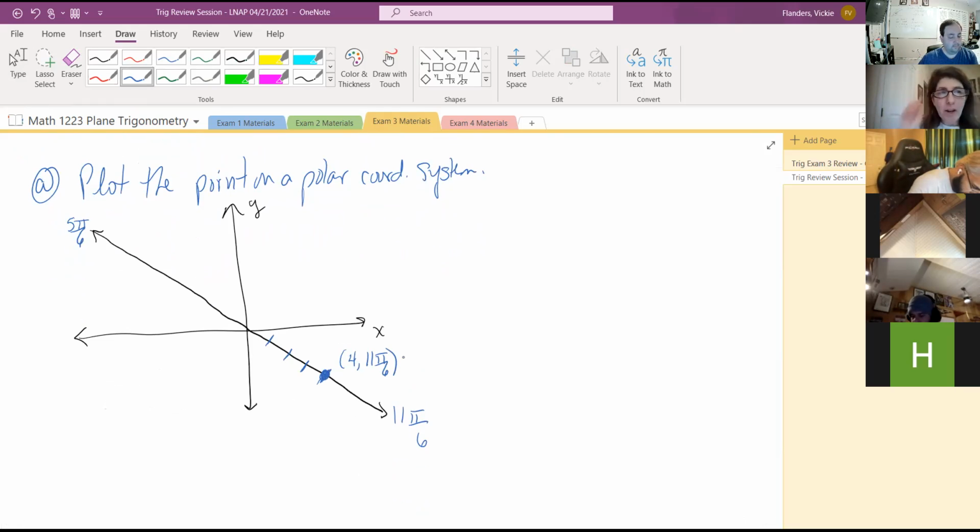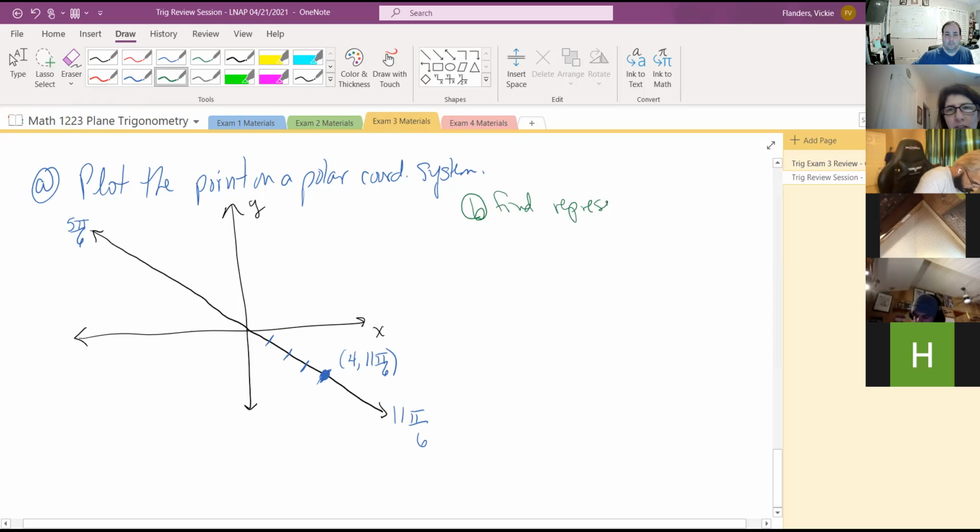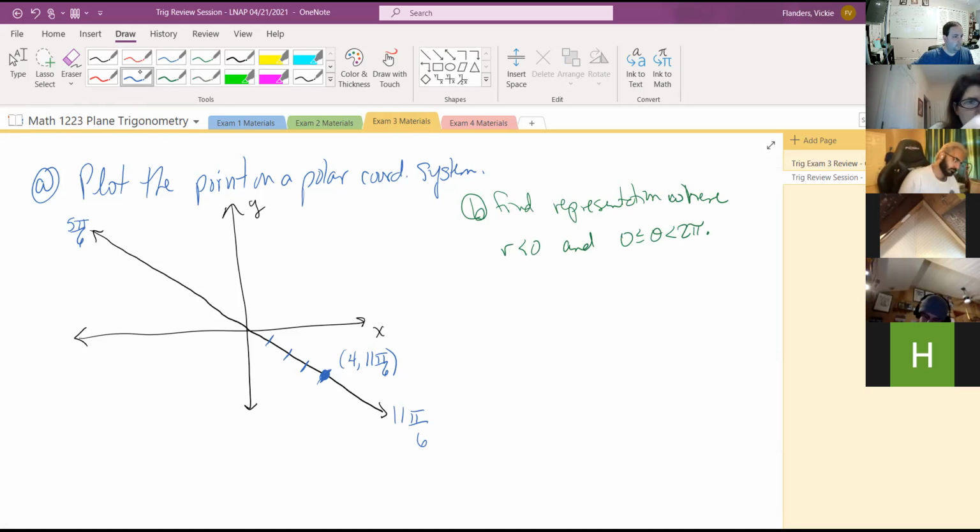Okay. All right, do I have any questions? Okay. Now let's do some other representations. How about where the r is negative, but it's the same point as what you just drew? All right, so let's find another representation where r is negative and you want theta to be between 0 and 2 pi. So here, this was the rotation 11 pi over 6. So let's do a negative r with a positive rotation.